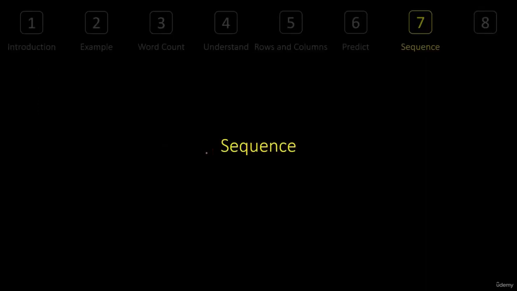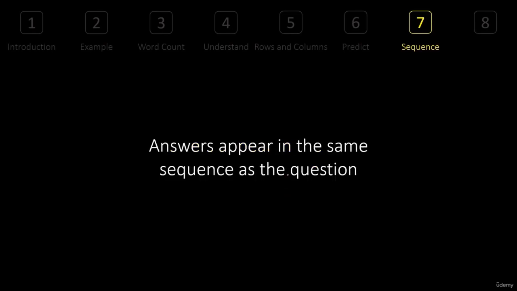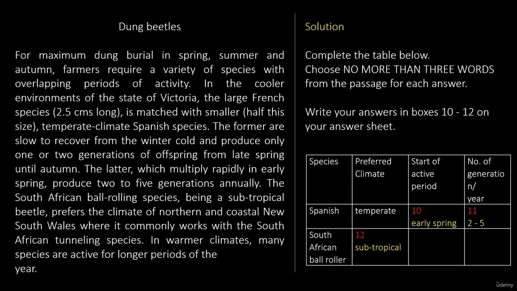Yeah? Okay. Sequence is always maintained. What is the meaning of that? The answers appear in the same sequence as the questions. Okay, let me show you what I mean by that. So we have here early spring. Let me explain where we found the answer. It was a little bit tricky one.